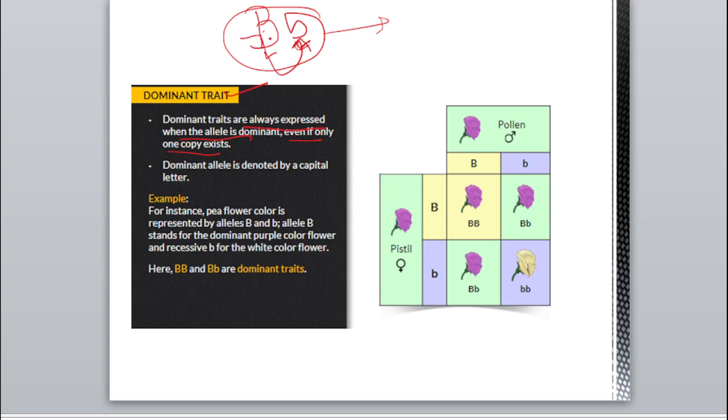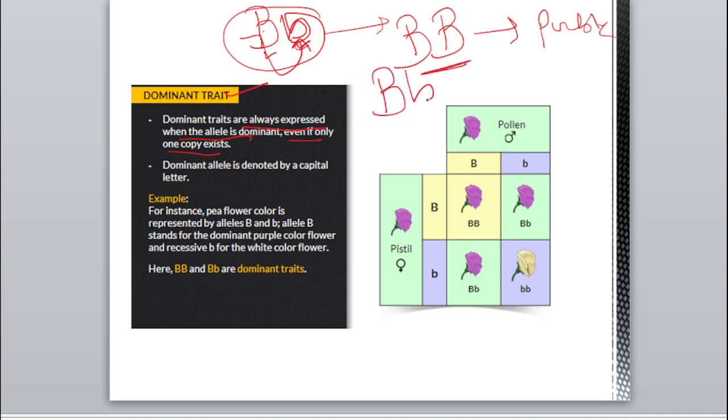So there are two alleles, capital B and small b, but capital B is the dominant and small b is the recessive. If capital B represents purple color and both alleles are the same, it represents purple color, which is obvious because both are dominant. If one is capital B and the other is small b, one allele represents purple and the other white, it still shows a purple flower.